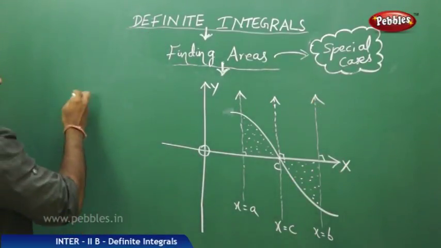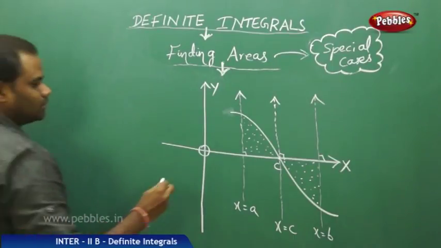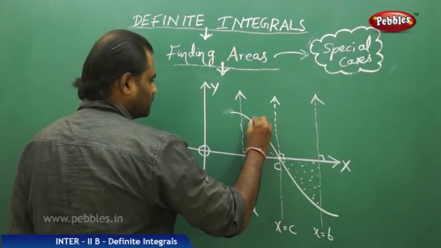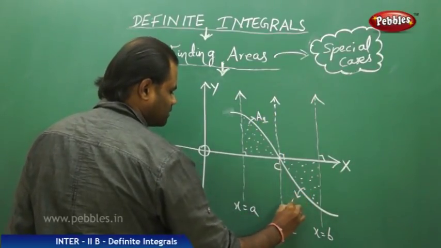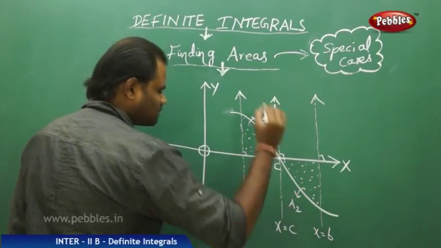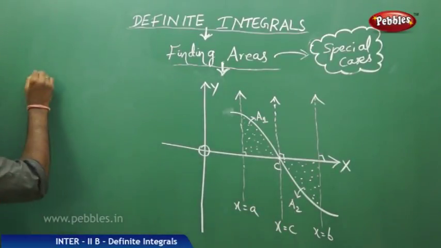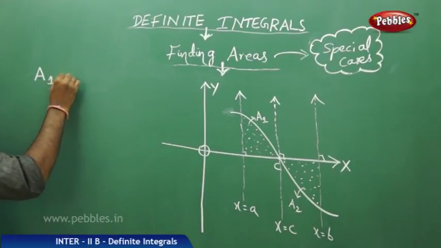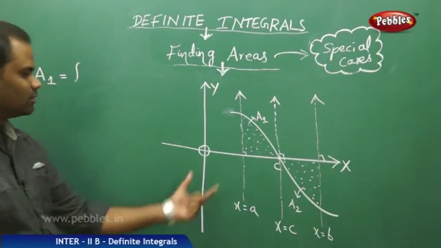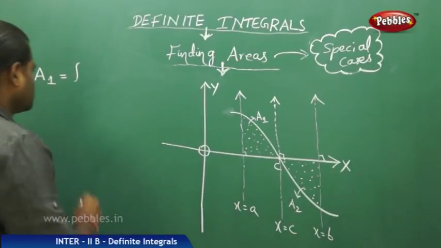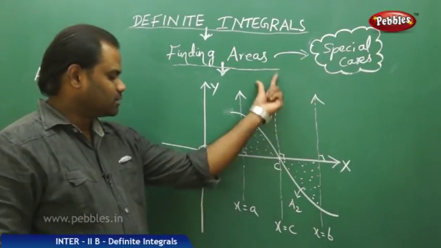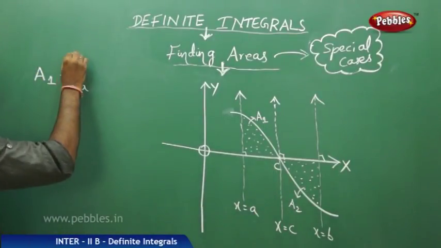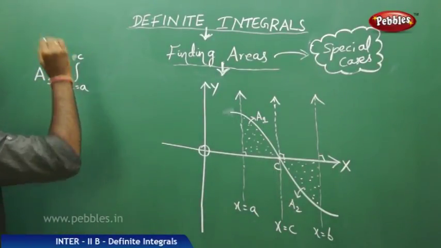Initially let this be denoted by area A1 and this be denoted by area A2. I see clearly from the diagram that in order to find area A1, it is nothing but the integral with lower limit x equals a and upper limit x equals c.